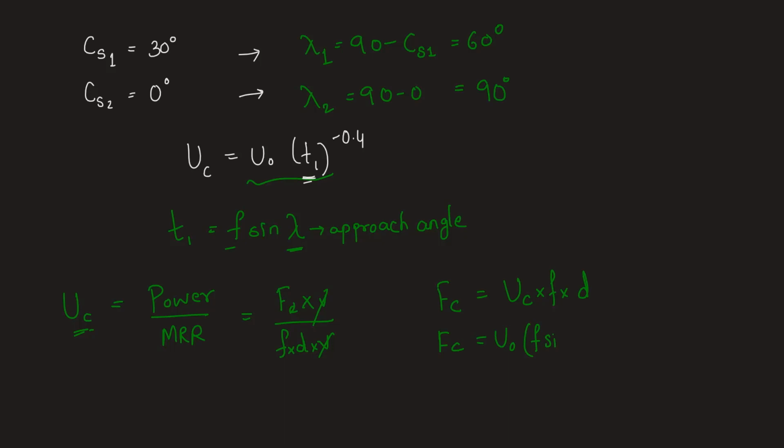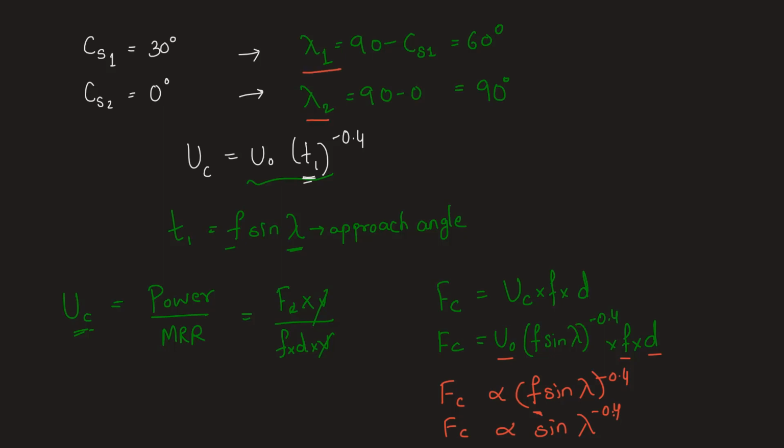So (F sine lambda) to the power minus 0.4 into F into D. So all these values being constant, U naught, F and D, FC will be directly proportional to (F sine lambda) raised to minus 0.4. Feed rate will also remain the same. So that can be also taken as a constant and therefore FC will be directly proportional to sine lambda to the power minus 0.4. For each of the FC1 and FC2, we can substitute the corresponding approach angles lambda 1 and lambda 2.